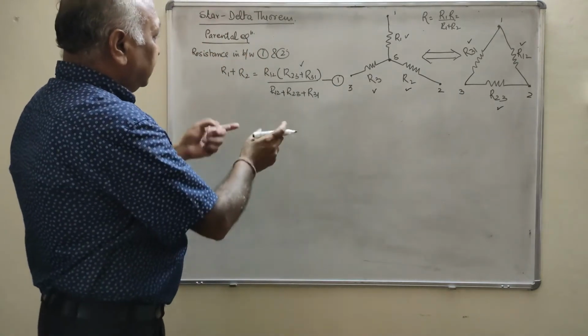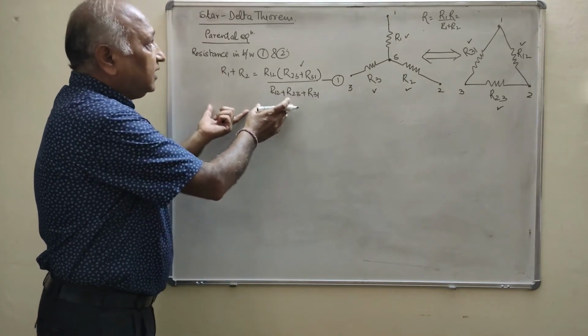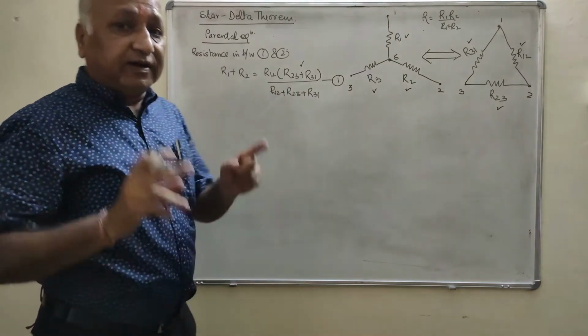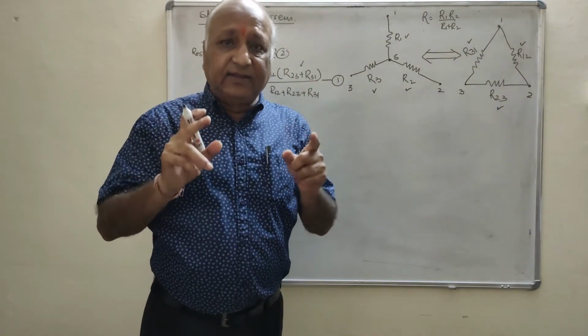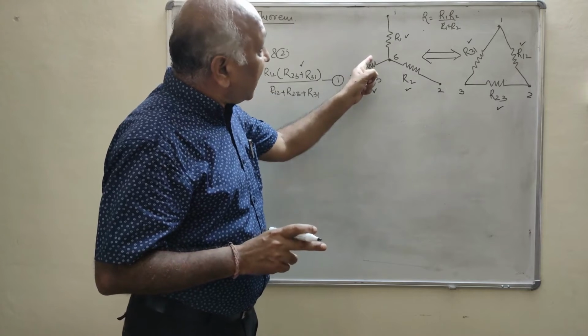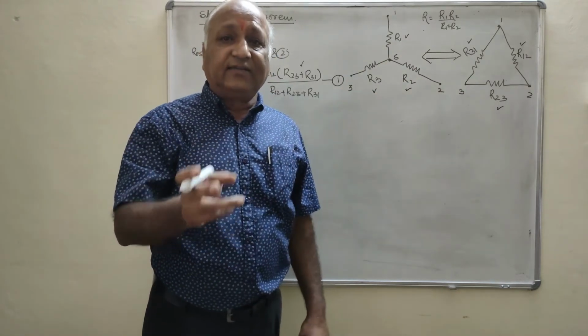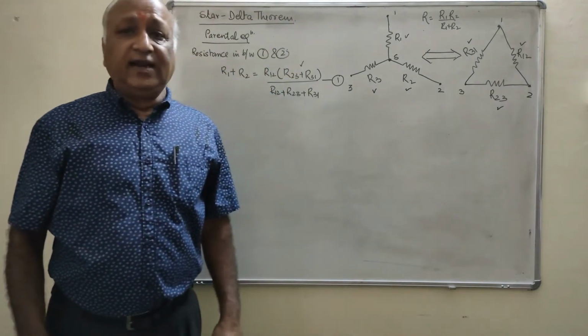Now you will see we are putting the equal sign. Why are we putting the equal sign? Because in conversion we have taken that the star is converted into an equivalent delta and the delta is converted into an equivalent star.